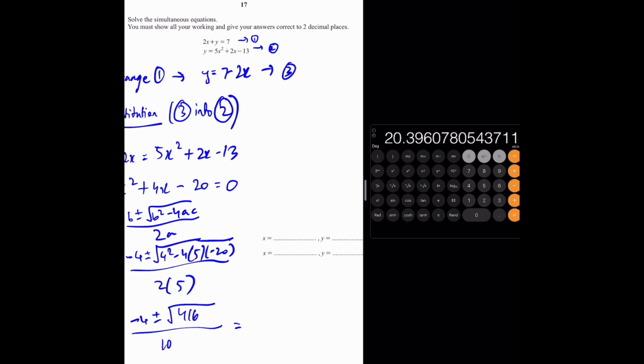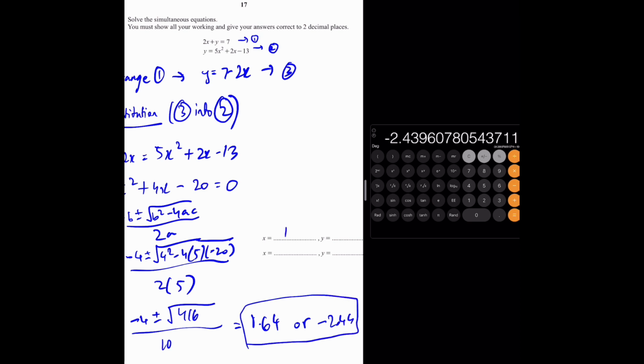First let's take the positive square root, and then we minus 4, and then divide by 10 to get 1.64 to 3 significant figures. Or now we can take the negative square root. 416 we square root and then negate it, and then minus 4 to get that, divide by 10 to get this, minus 2.44. These are the two x values. We can just write these.